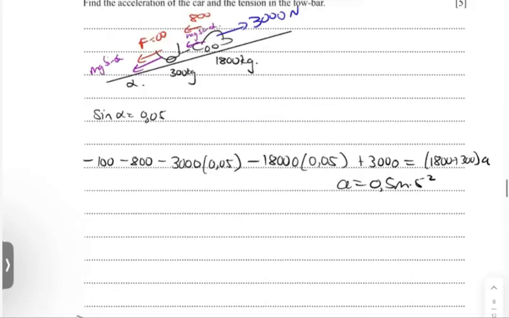Right, so now I can look at either one. If I just look at my trailer, I've got 100 going down. I've got my 3,000 times 0.05, and I've got tension acting up. Okay, so minus 100.